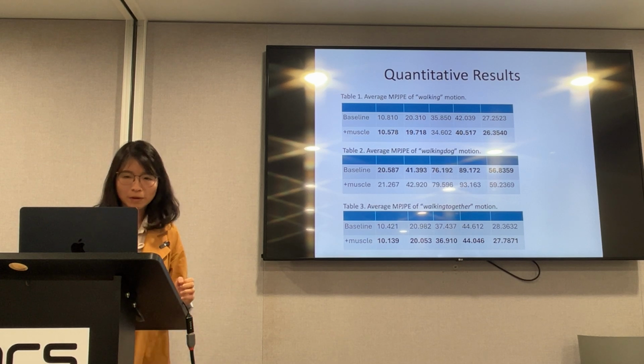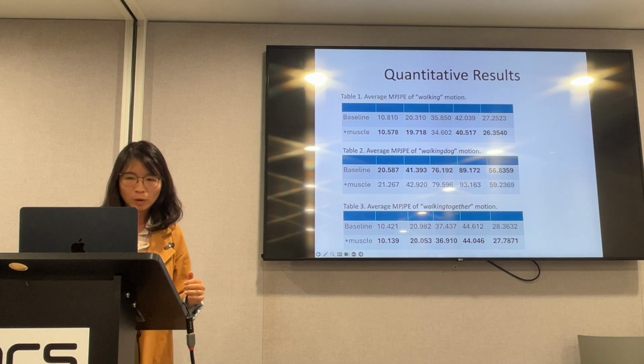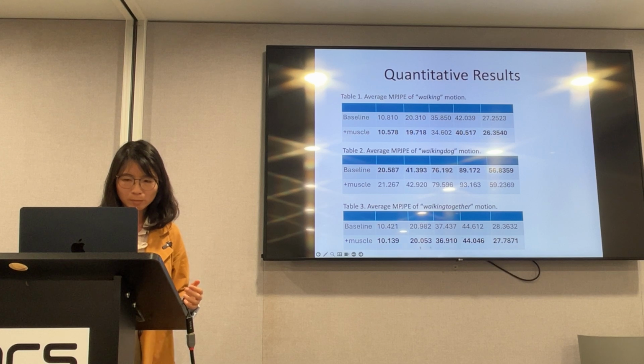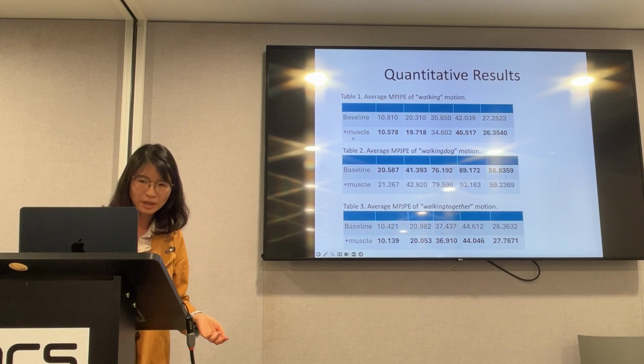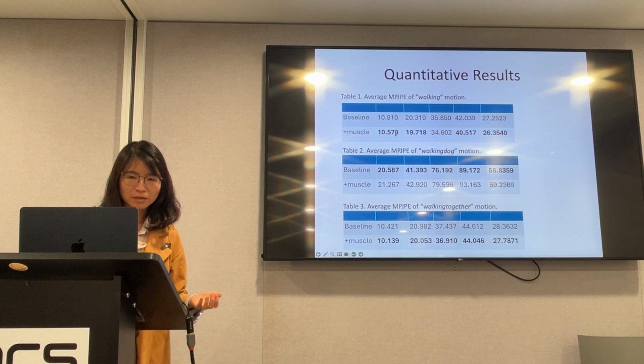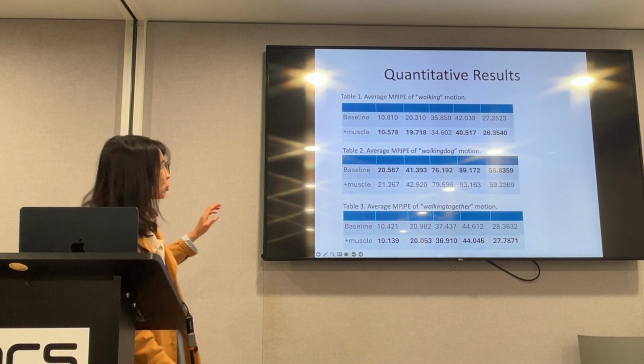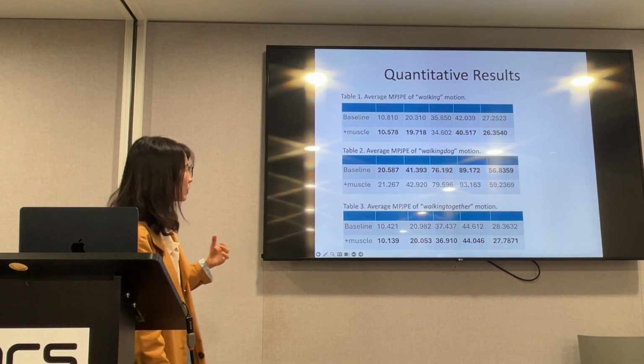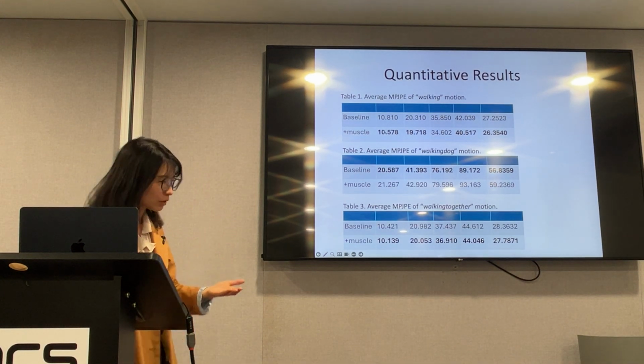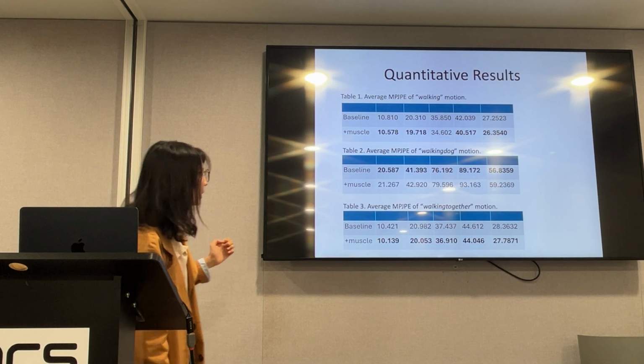As you can see from these tables, for the walking motion and the walking together motion, our muscle information actually helps. It gets a lower MPJPE value, which is better in terms of accuracy.